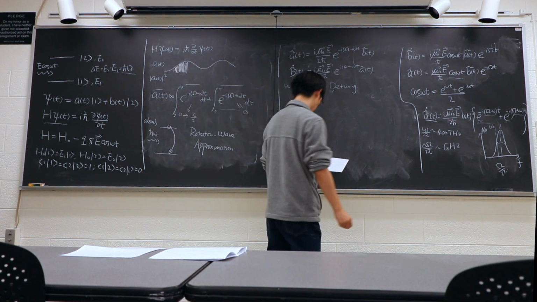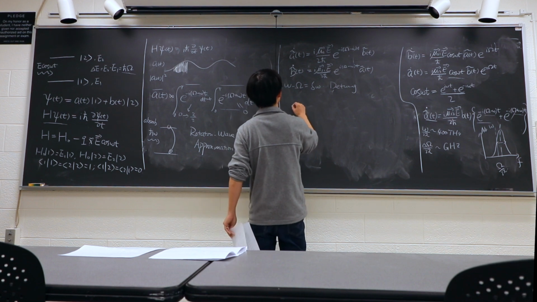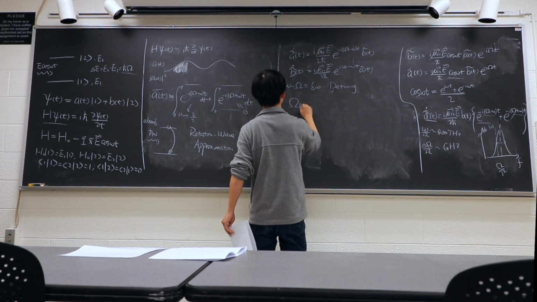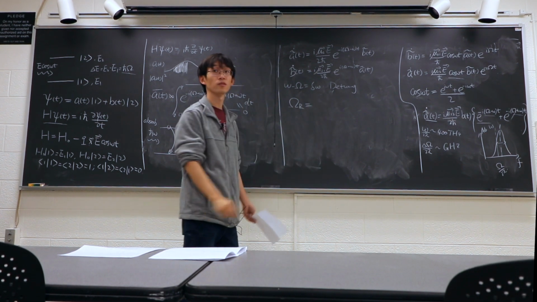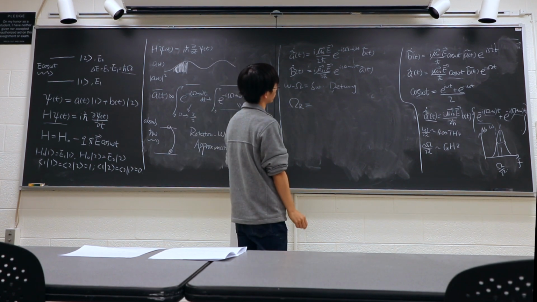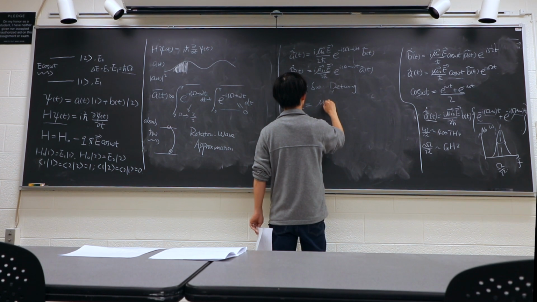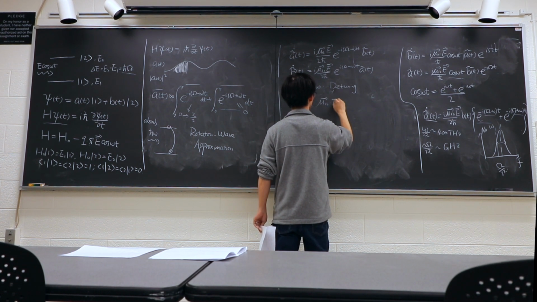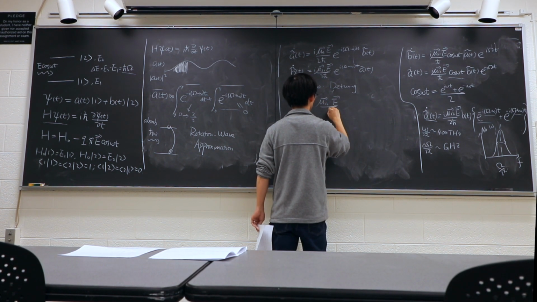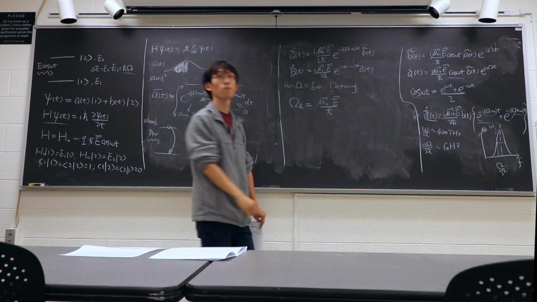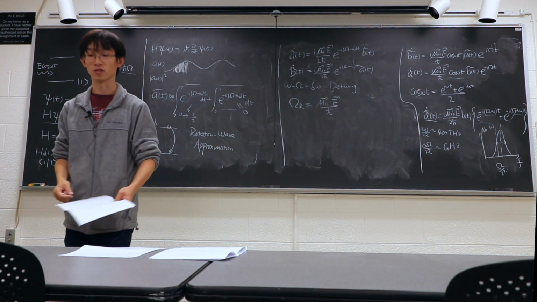And then we also define, this one is fun, this is called the Rabi frequency, discovered by Rabi, and I think Rabi is also one of our prize winners, as mu 1, 2. Just a definition.